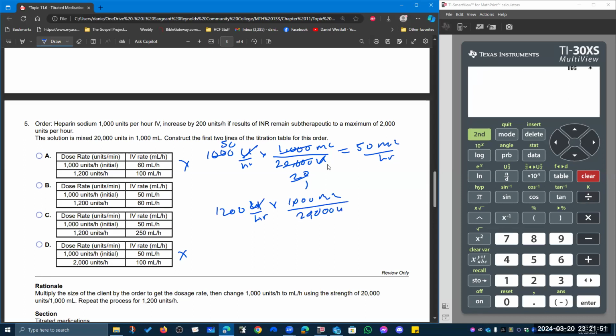It's going to give us 60 milliliters per hour. And that is this one.